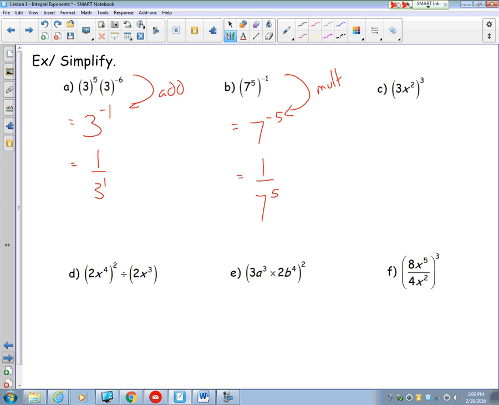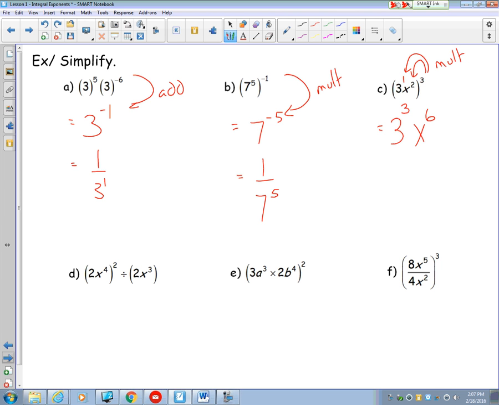All right, C. What do I see here? I see two things in the bracket, and they're different bases. One's a 3, one's an x, so I can't put those together. But I see a power to a power, so I need to apply this 3 to everything inside the bracket. Now, the obvious one is I get x to the 6, right? 2 times 3, I multiply that. But the not so obvious one is I also have to apply the 3 to the 1. 1 times 3 gives me 3 to the 3.